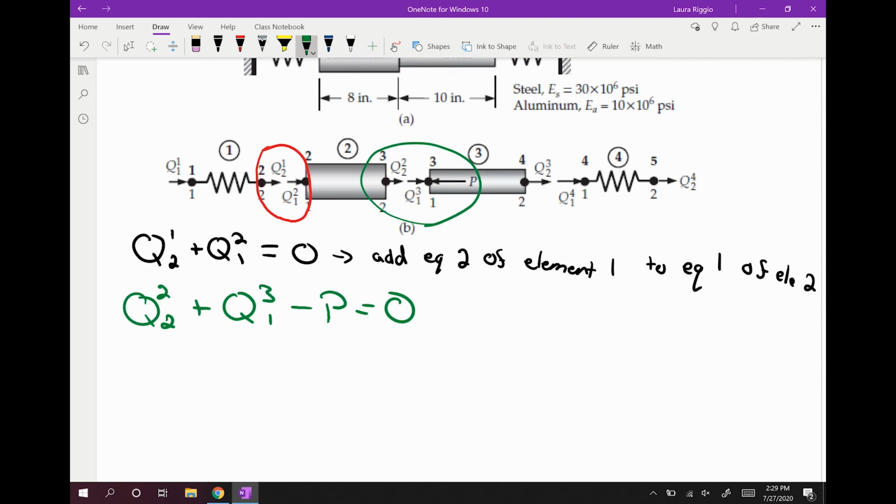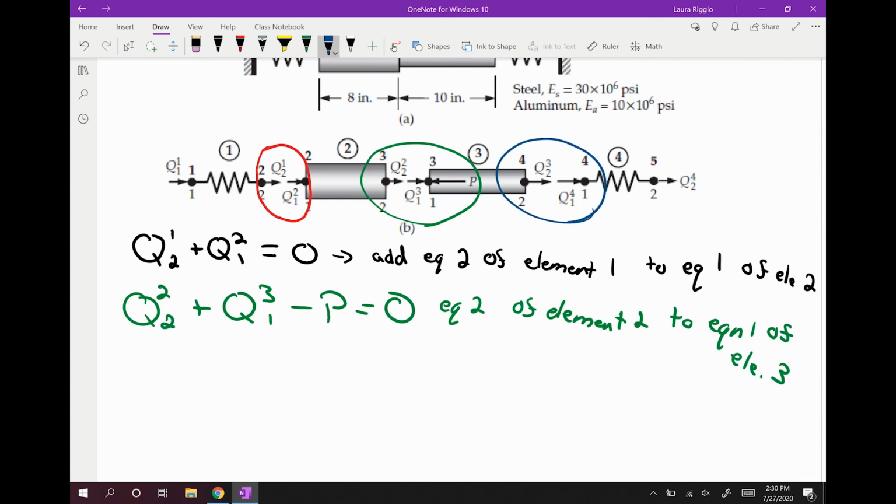But also what it's saying is you're going to add equation 2 of element 2 to equation 1 of element 3. The last one we're going to look at is point 4, where we have Q32 plus Q41 is equal to 0.